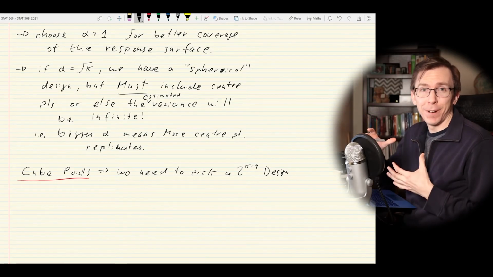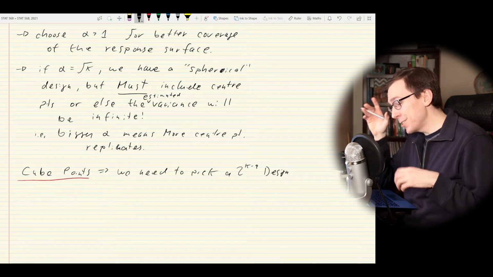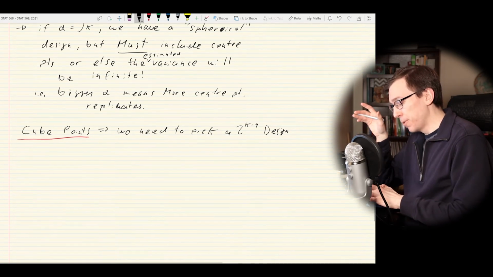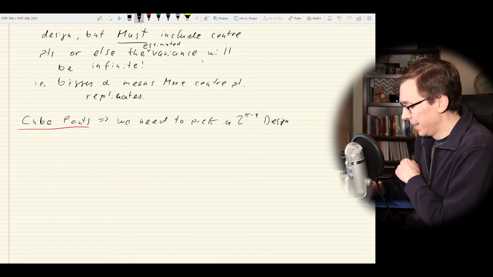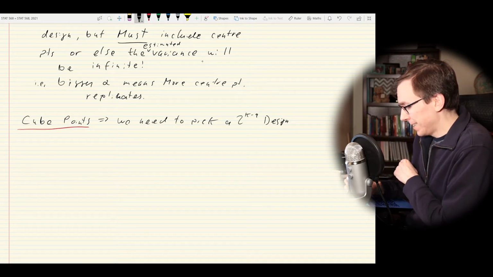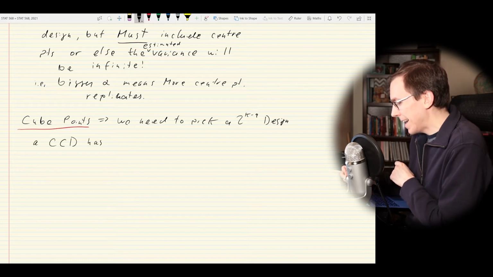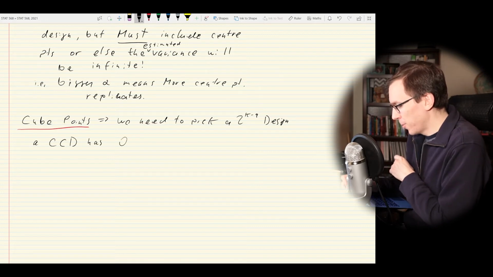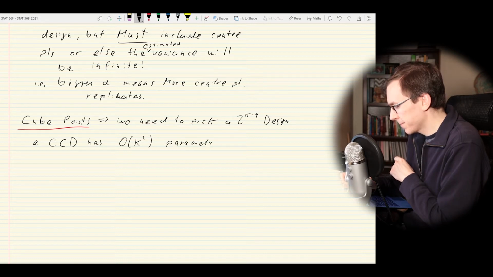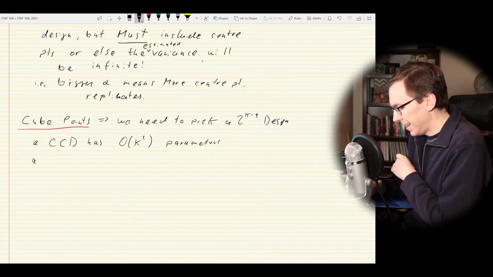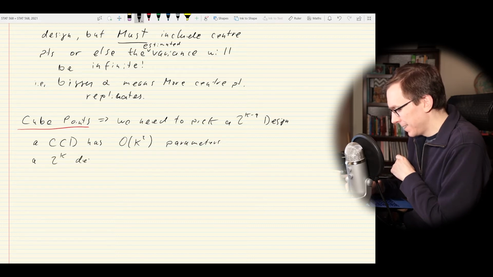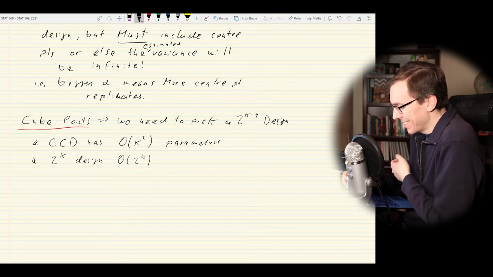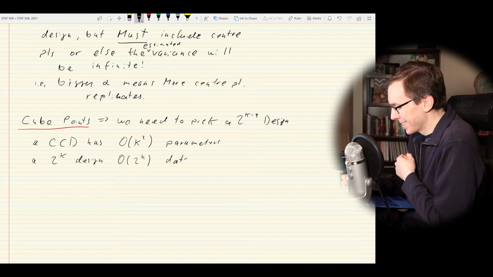All right, so we're at the final part of the central composite design, and what we need to do is figure out how to choose the cube points, because like I said in the last lecture, basically a central composite design, CCD, has on the order of k squared parameters. But a 2 to the k design has on the order of 2 to the k data points.